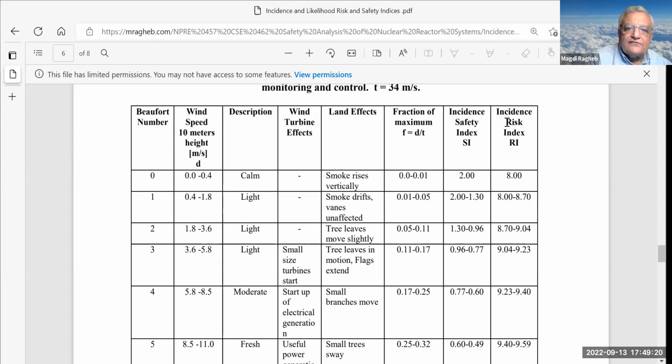The level of risk, the risk index, becomes 10 minus the safety index, and that is this, the safety. Actually, it seems that these should be replaced by each other, because the level of safety would be 8 here, and the risk index is very low, should be 2.